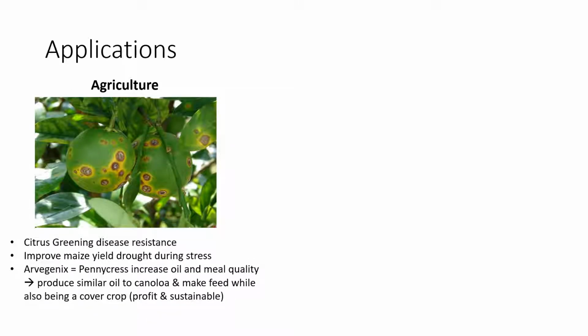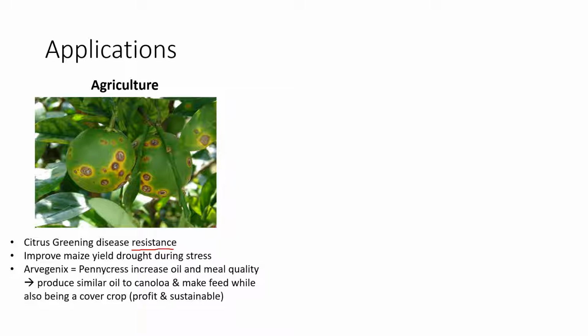So aside from making mushrooms white and resist browning, there's actually other pretty big implications of CRISPR in agriculture and other fields. If we look at agriculture, a big problem with citrus is citrus greening disease. If you look at Florida or California, it's a major problem, so they're utilizing CRISPR to create resistance.